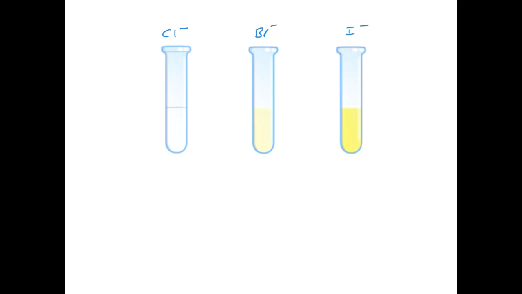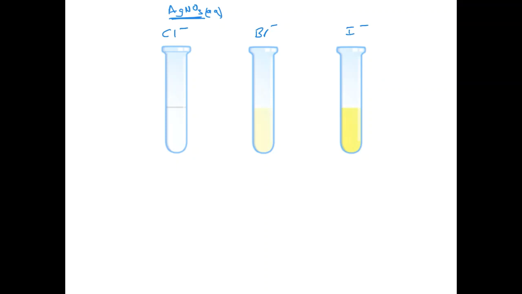So we're going to add silver nitrate to each of these, and this is silver nitrate solution, or you can say aqueous silver nitrate. Now when you read about silver nitrate being added to something, again, your mind should be thinking of the idea that this silver nitrate is being used to test for halides. So let's look at what happens when we add the silver nitrate solution to a solution containing chloride ions.